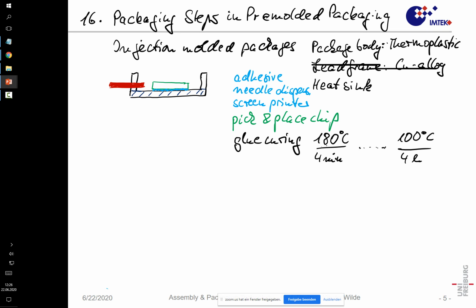So you could say 170 is 8 minutes, 160 is 16 minutes, 150 is half an hour, 140 is 1 hour, 130 is 2 hours, 120 is 4 hours. But it's not precisely doubling, so just to get a guess, but I would like that you have an idea which is somehow reasonable. Okay, so after we have done the curing, we go into the wire bonding.